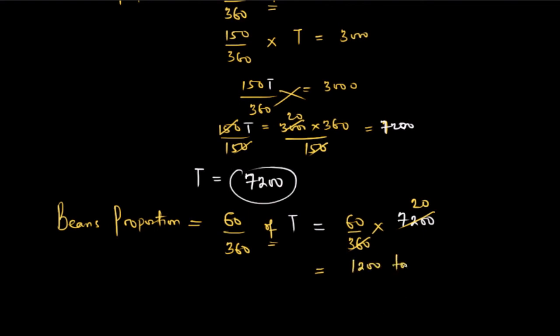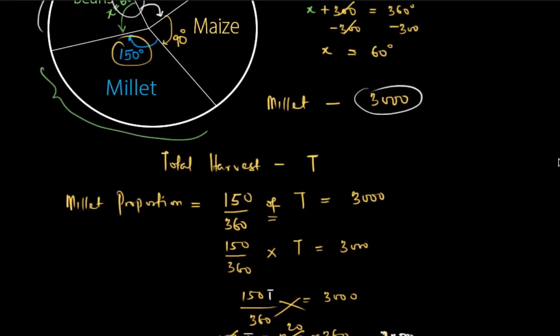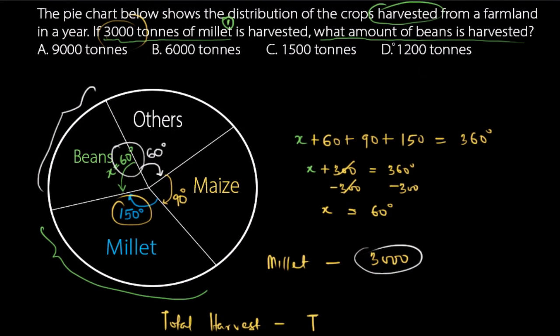So this is 1,200 tons. The beans proportion in terms of the harvest is 1,200 out of the 7,200, but in terms of degrees it is 60 degrees out of 360 degrees. The question does not demand the proportion in terms of degrees, but in terms of the harvest, which is 1,200 tons. And this is our solution, 1,200 tons.